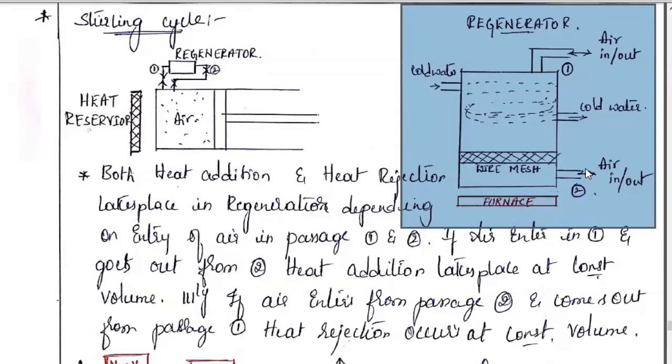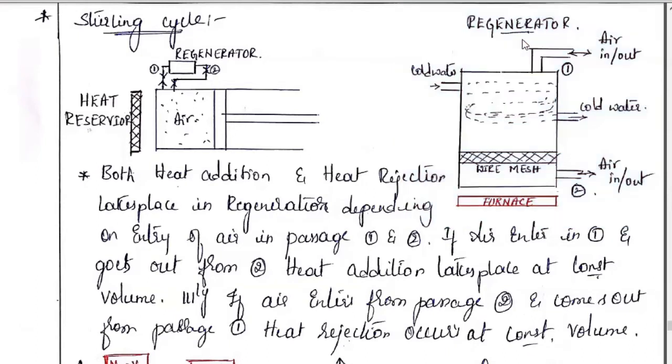This air not only goes inside, it also comes outside in this direction. So not only one port for air is given, there is one more port. You can observe here, for air there is one more port, that is the first port. The first port and second port are these. If air comes in from the first port, it goes out from the second port.